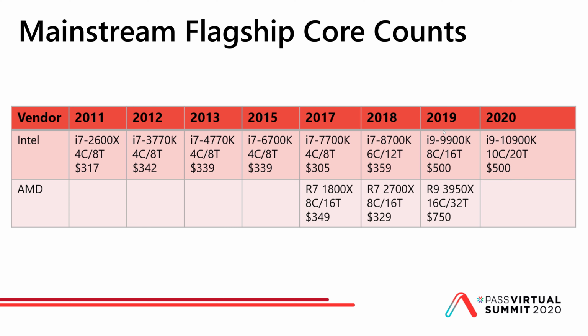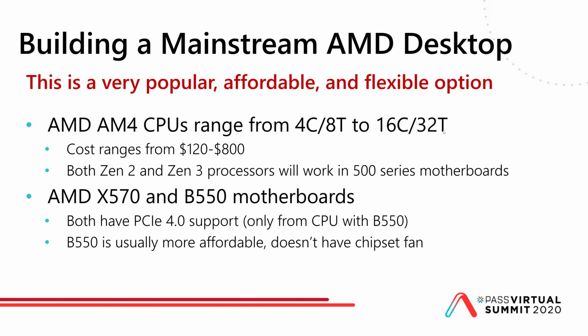AMD back in 2019 went to 16 cores and 32 threads as their top of the line. So there's a big gap there in what you can do in a mainstream system if you look at AMD versus Intel. Building a mainstream AMD desktop is a very popular and relatively affordable and very flexible option that I really like.